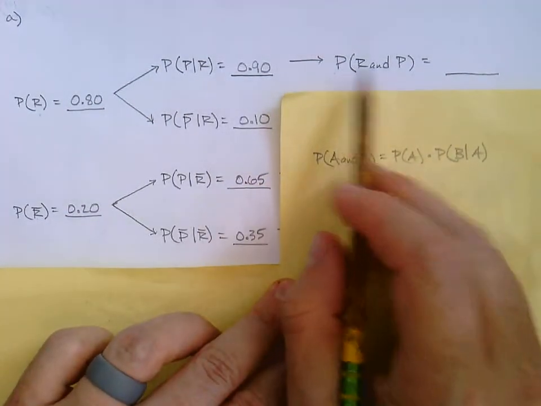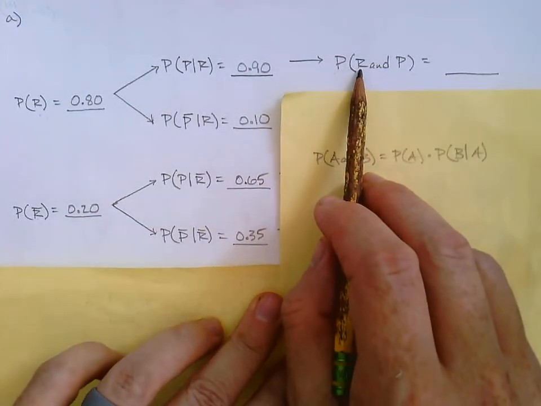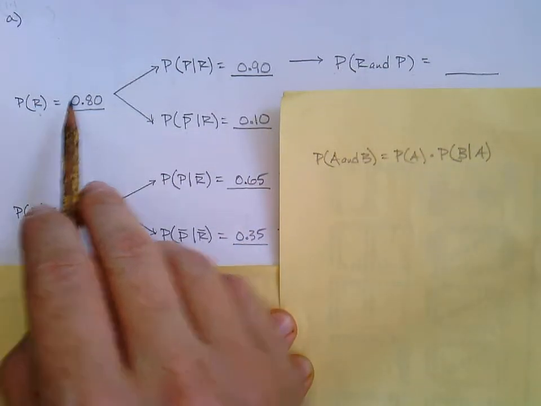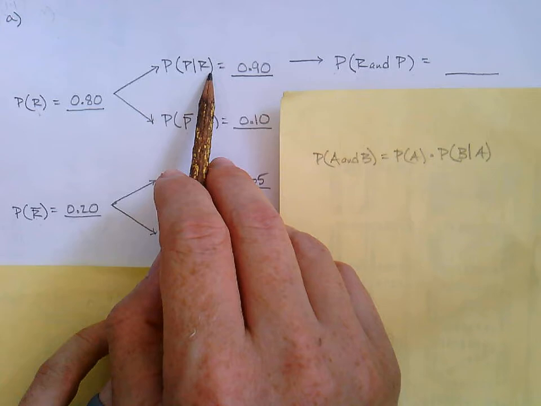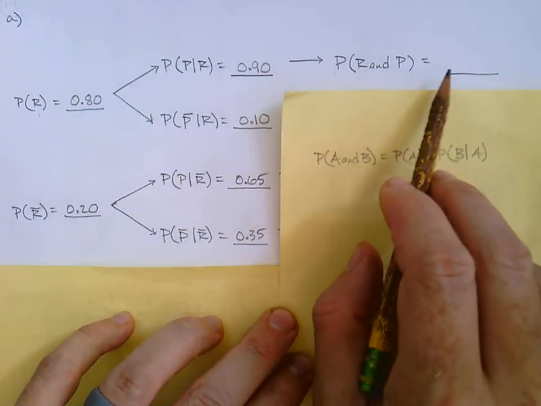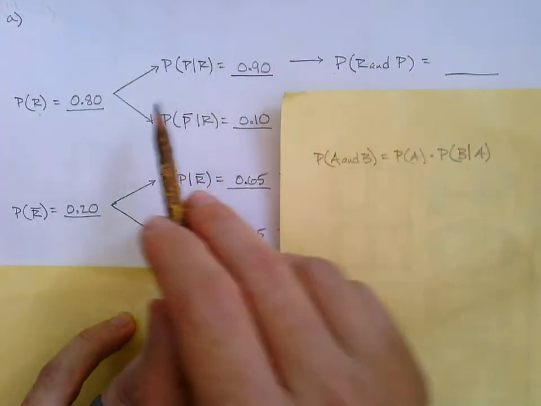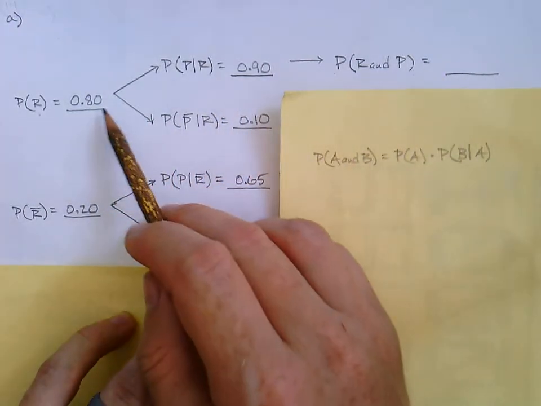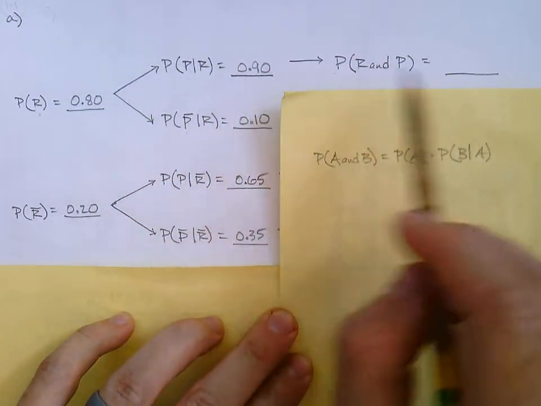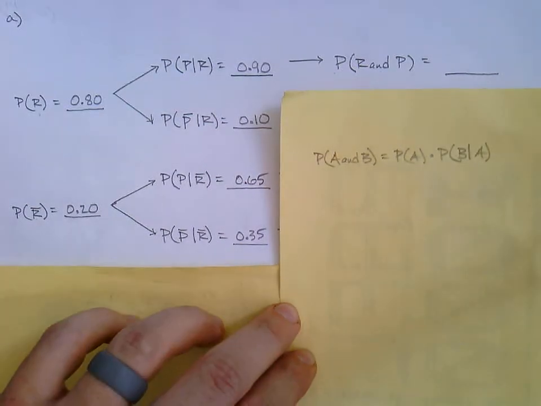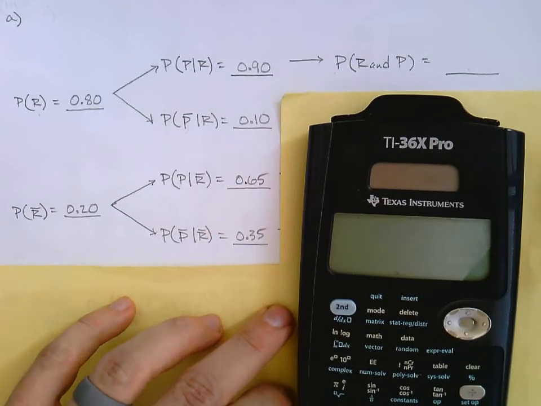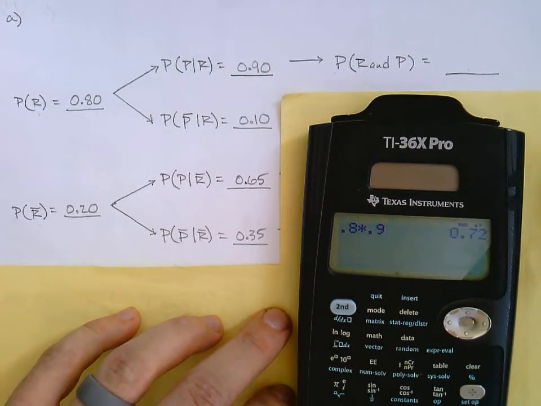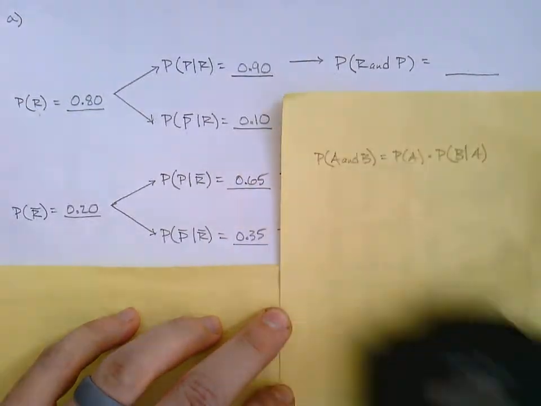Well, here we've got R's and P's, but it's the same thing. Probability of R and P is the probability of R times the probability of P given R. To find this number, we just need to multiply these two numbers. So it kind of goes down the branch. So if I take 0.8 times 0.9, that's this number here. 0.8 times 0.9 is 0.72.